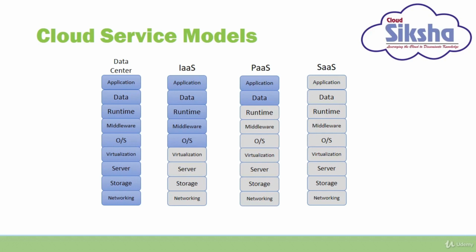From the operating system onwards, the responsibility of keeping the operating system at the right patch level, keeping your middleware at the right patch level, loading the middleware, loading the applications, backing up your data, etc. Everything becomes your responsibility, whereas the underlying part of the servers and storage and networking, all that becomes the responsibility of the service provider. This is infrastructure as a service.